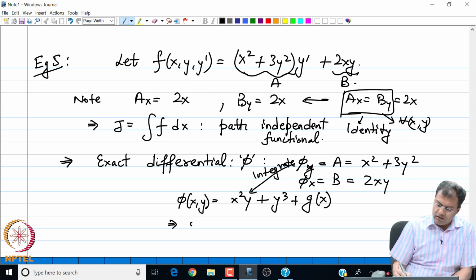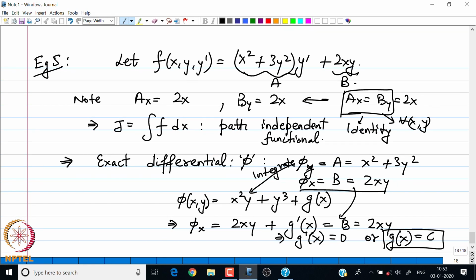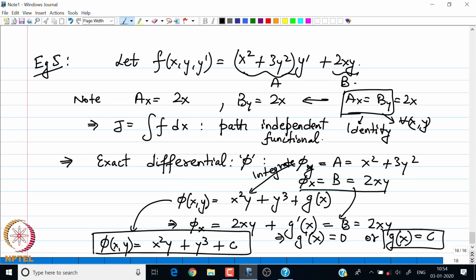Then when we differentiate with respect to x, we see that this is also equal to 2 x y plus g prime of x, which will also be equal to, using this second relation, b, which is equal to 2 x y, showing that g prime of x is equal to 0, or the function g of x is a constant, let us denote it by c. So, which means that my exact differential phi of x comma y is x square y plus y cube plus a constant of integration which is c.